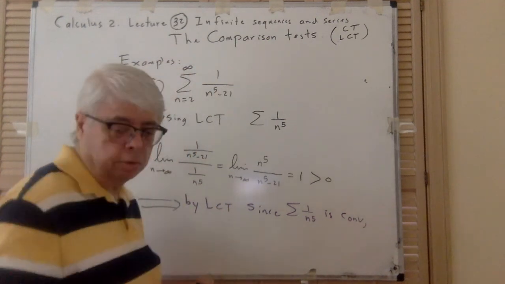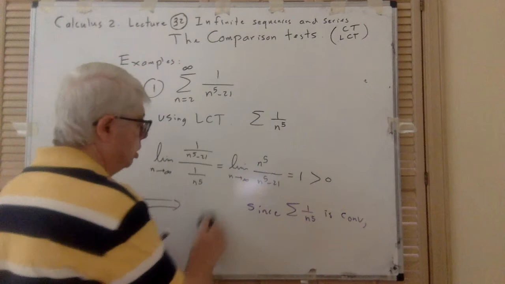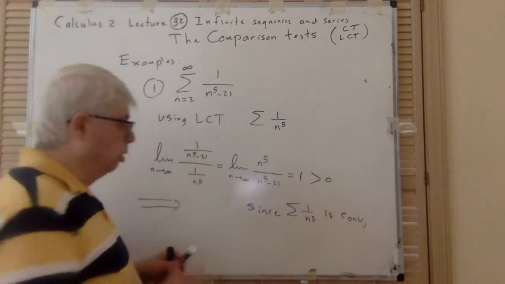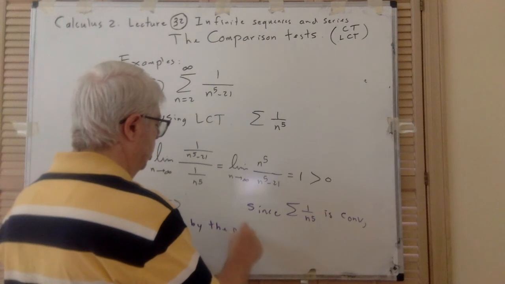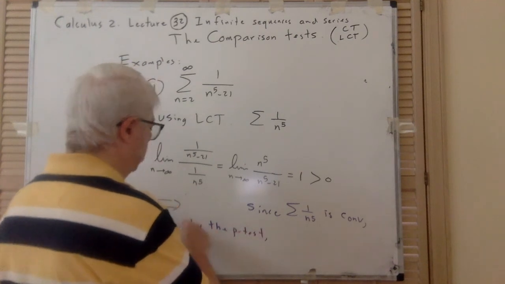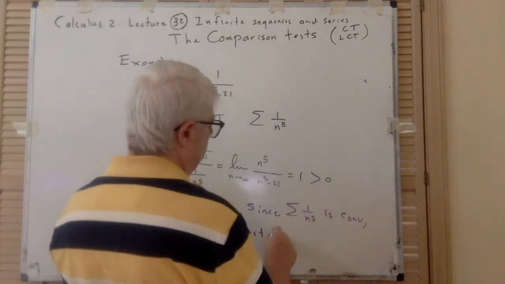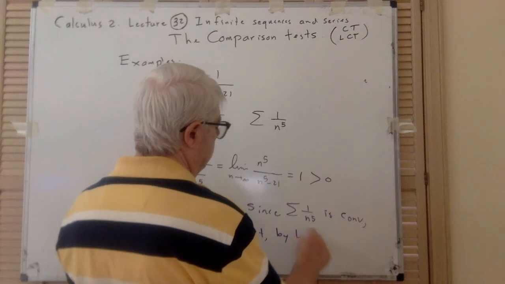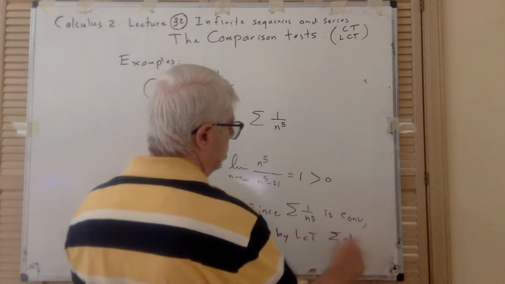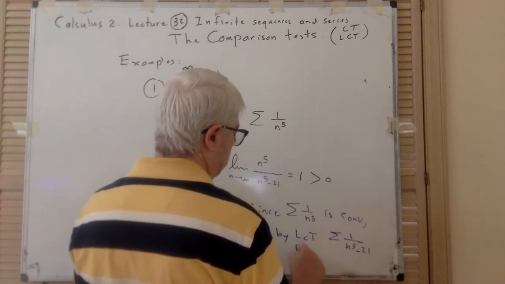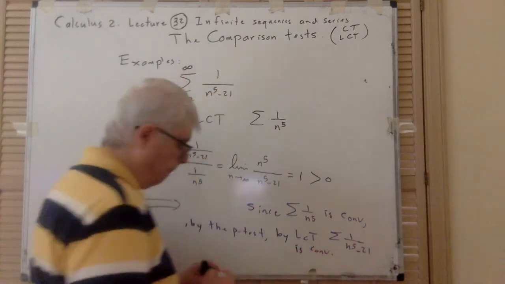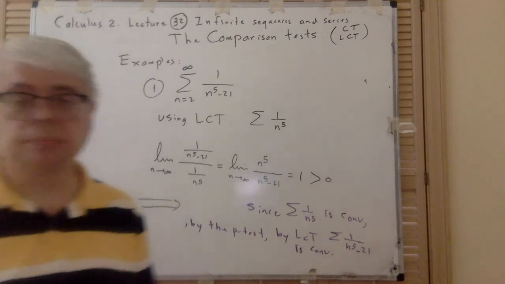So let's write this next. Since this is convergent by the p-test, by LCT, the other one, 1 over n^5 minus 21, is convergent. Okay?